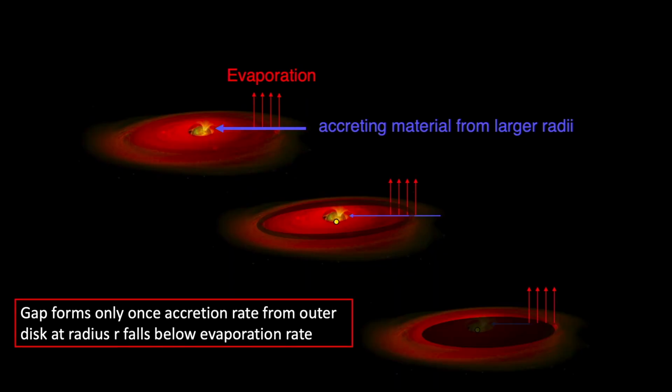And at that point, you remove all material that comes from the outside, you remove it in the vertical direction into wind. And then you form a gap, because no material continues to fall toward the star, but it's all moved away. And so at a later stage, all material inside falls onto the star, and everything that now moves in to this radius is removed in a disk wind. So the disk is gone eventually.